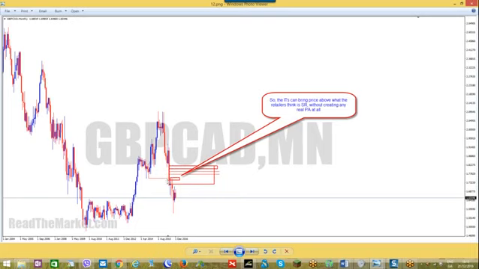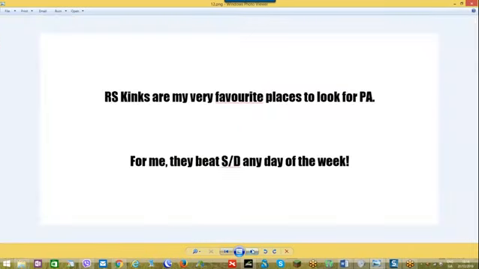Because if this was really obvious, if you could see that this had come up really high there and these highs had come all the way up here, people would be less inclined to actually have their stops at this lower level here. So yes, this is gorgeous, and it happens all the time. As I say, they make these fakes simply to be broken without making PA. So there, onwards and upwards.